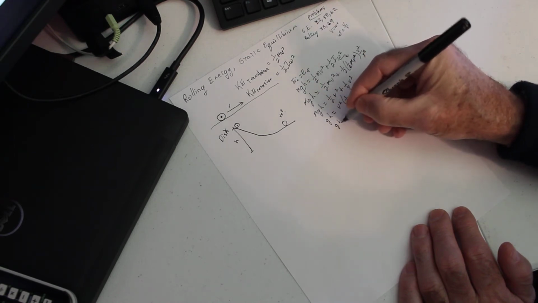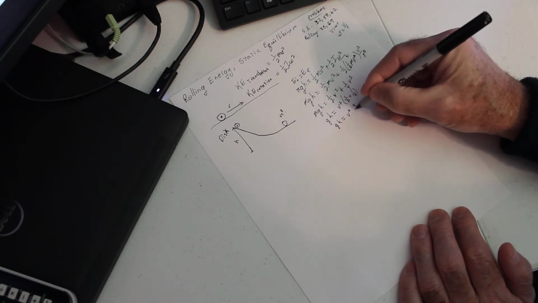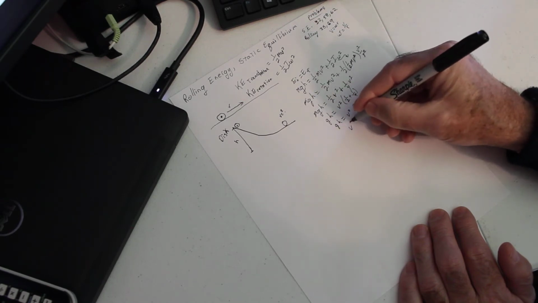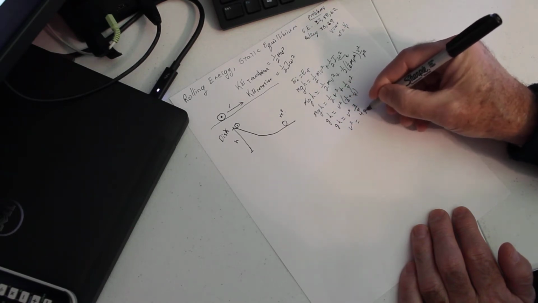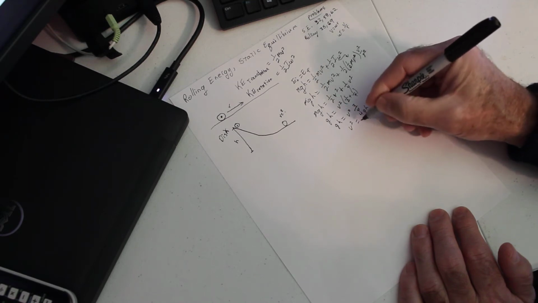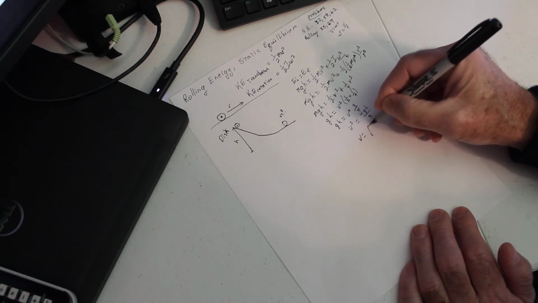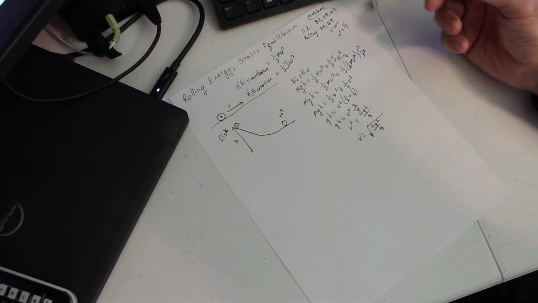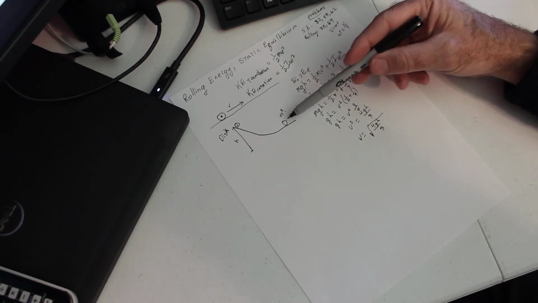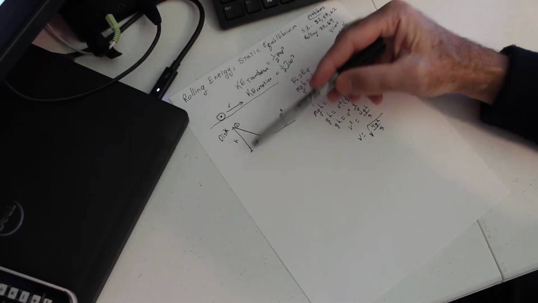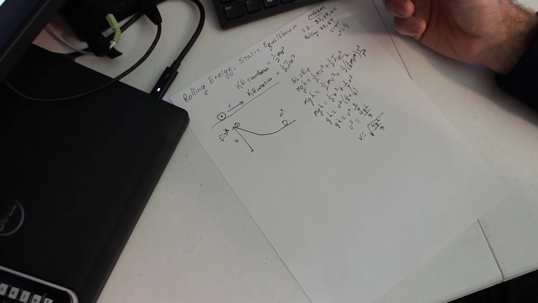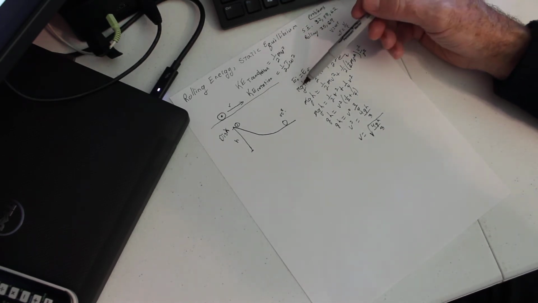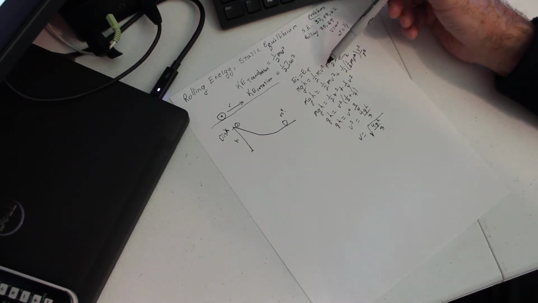Or gh is equal to v squared times 3/4. Or v squared is equal to 4gh over 3. Or v is equal to the square root of 4gh over 3. All right, so the only thing that matters with how fast it's going is how high it is, which is exactly the way it was before when we just converted from mgh to 1/2 mv squared.